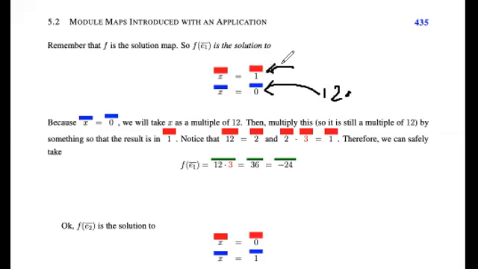This means that when we mod this product, the product of whatever we have, by 5, we should get 1, which means this multiple right here needs to be the inverse of 12 mod 5. That's pretty much all. So just 12 inverse mod 5.